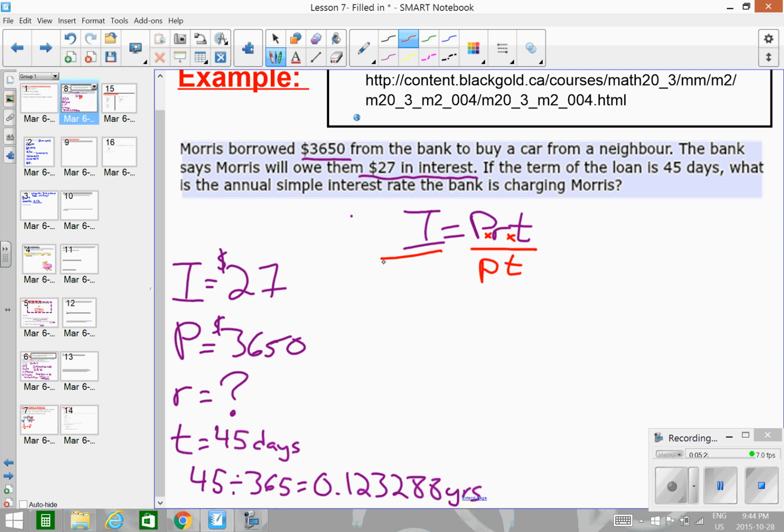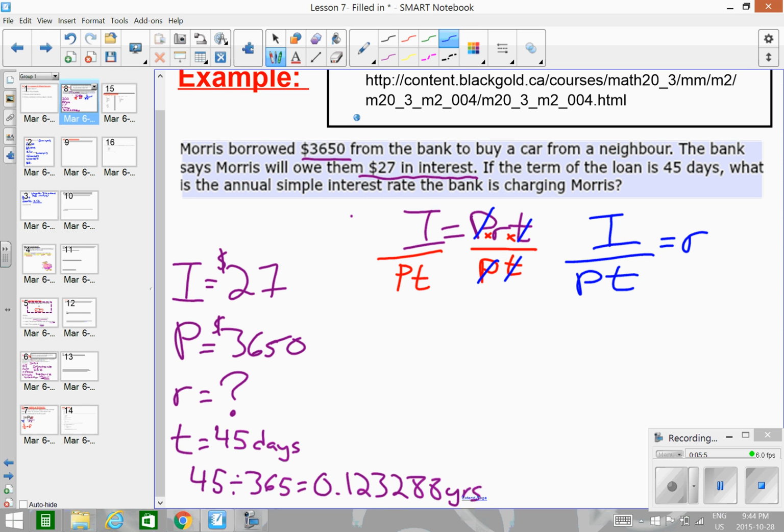But whatever I do to one side, I do to the other. Got a P up top, P on the bottom, they cancel out. T up top, t on the bottom, they cancel out. So my formula is r equals I divided by Pt.